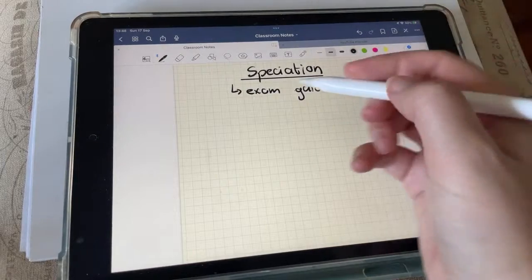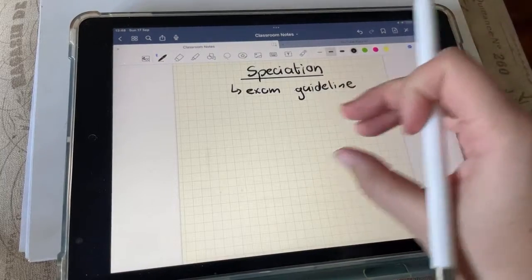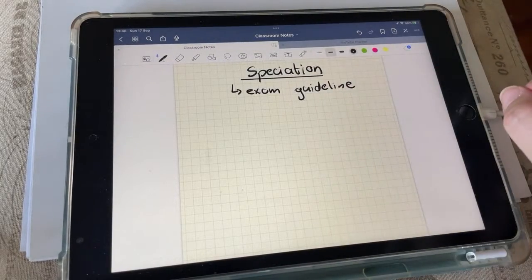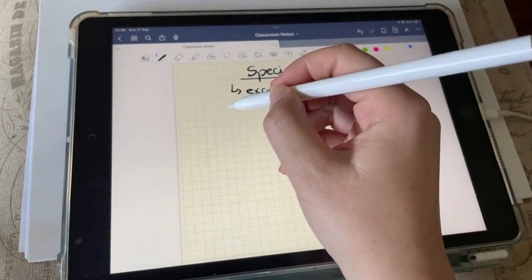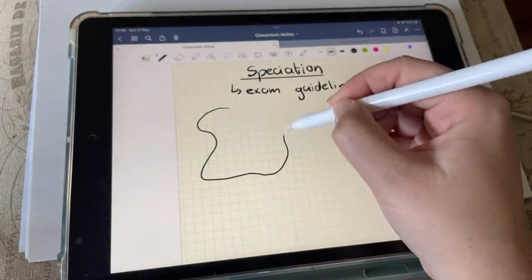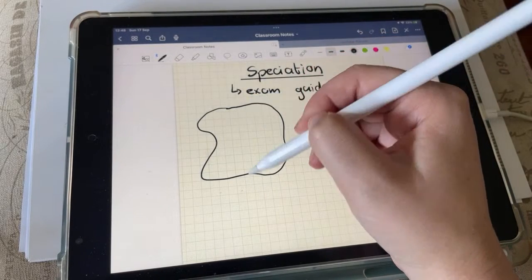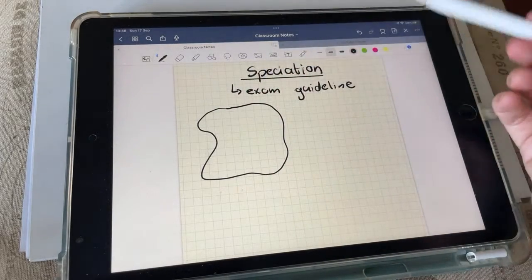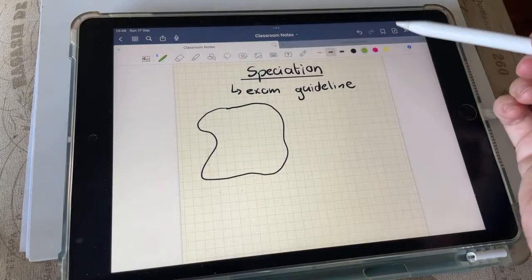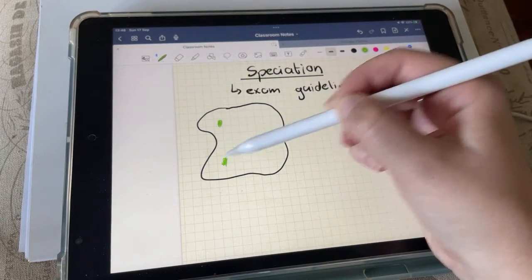So speciation. We talk about geographic speciation, which is when you separate organisms from one another through a barrier. The most classic example is we have a piece of land and it gets divided. Let's say, for example, I had lizards. On this side, I'm going to use the color green.